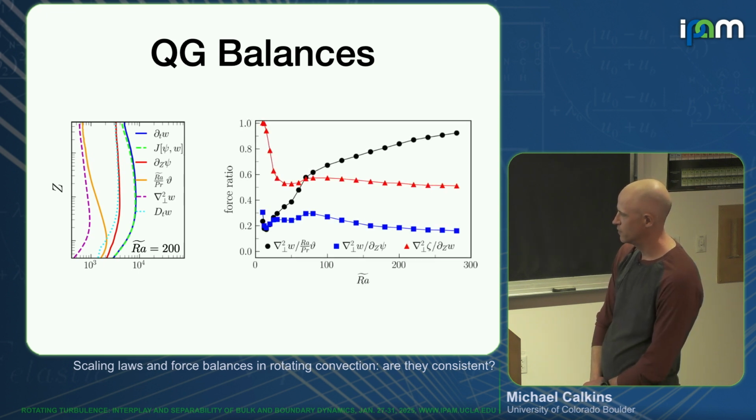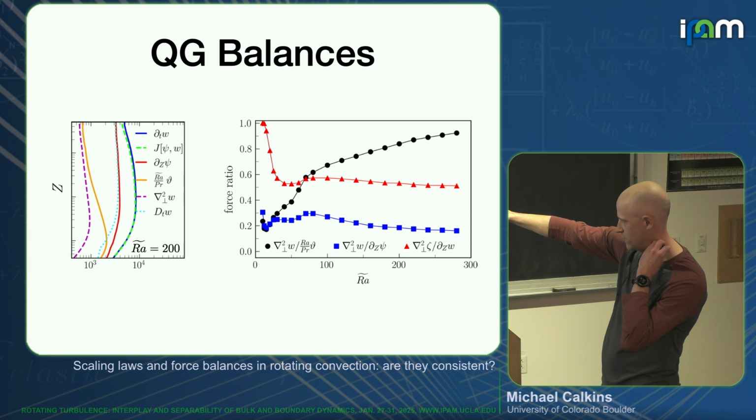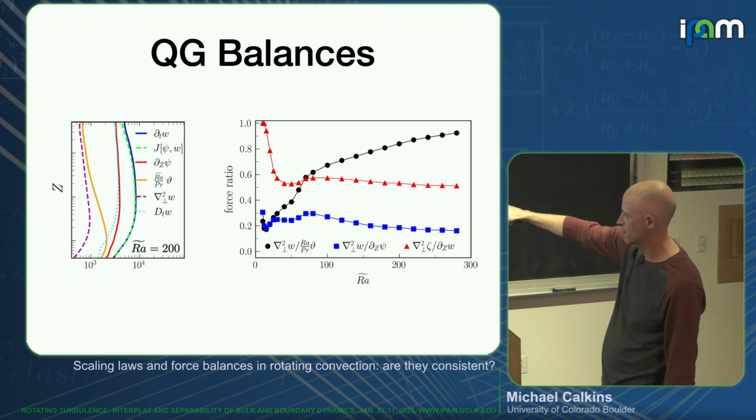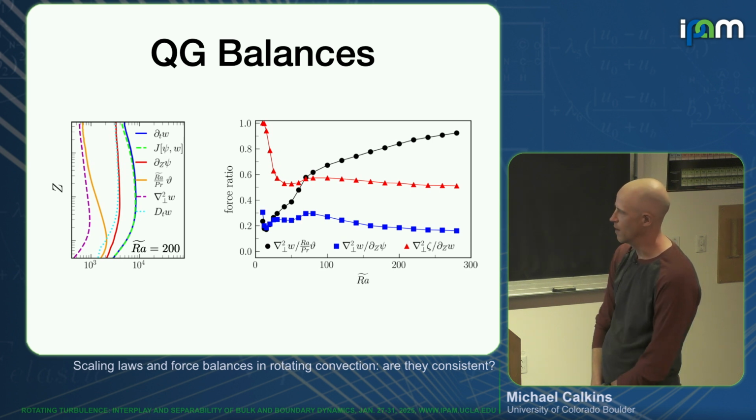In fact, if you look at the ratio of these forces as a function of reduced Rayleigh number, these two forces become closer and closer together as the reduced Rayleigh number is increased. The black dots show the ratio of the viscous force to the buoyancy force as a function of reduced Rayleigh, and you can see that this curve just keeps going up and up.